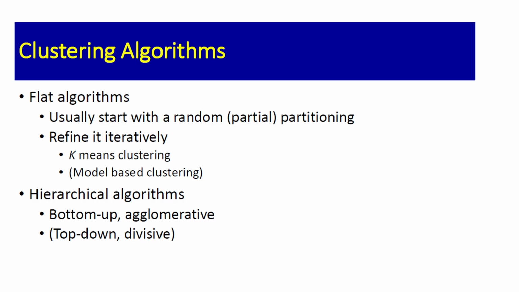You can also have hierarchical algorithms where you can divide data based on hierarchy, right. We know hierarchy, right, parents, son, daughter, and that can also be of two types, bottom up or top down. Bottom up is known as agglomerative, and top down is known as the divisive approach. You can divide from the top and go down the levels.